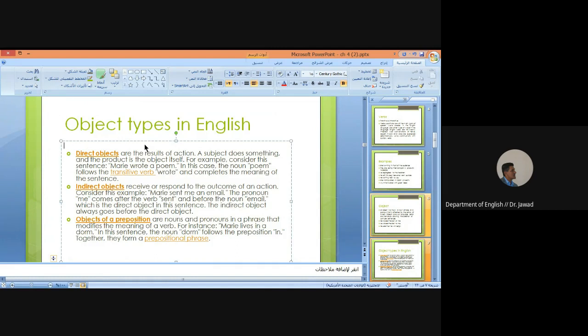So the action of writing a poem is done by the subject, Mary. So the verb write is a transitive verb which requires an object.